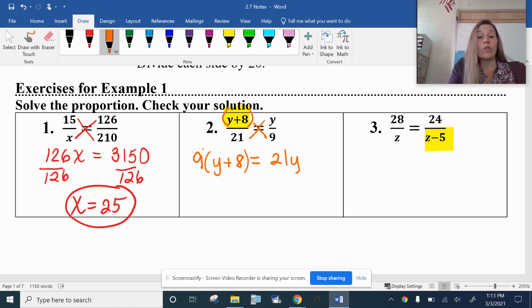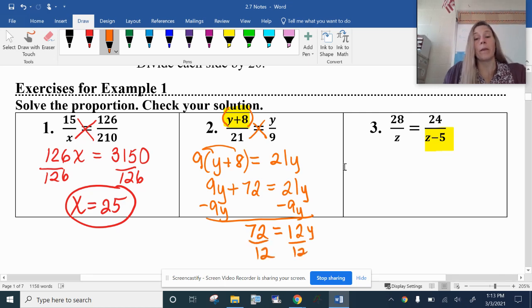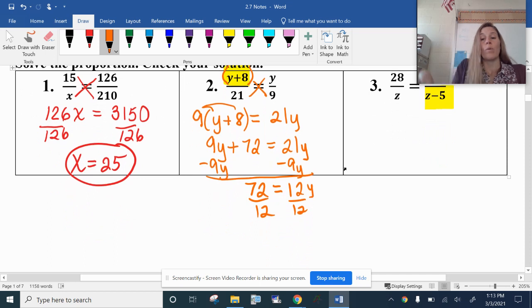Now you would use that distributive property, so you'll have 9y plus 72, and then you would continue solving for y. So getting all of our variables on one side, that leaves us with 72 equals 12y, dividing by 12, and then of course, y would equal 6.